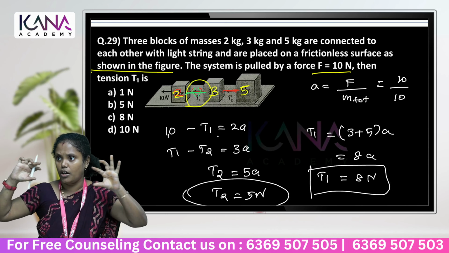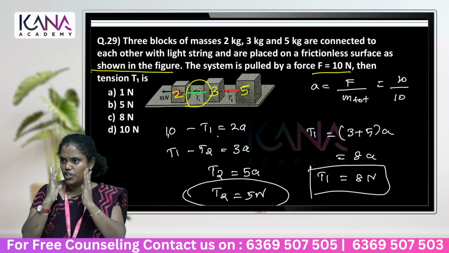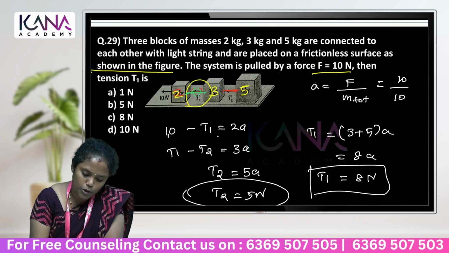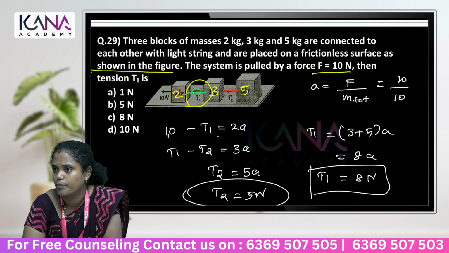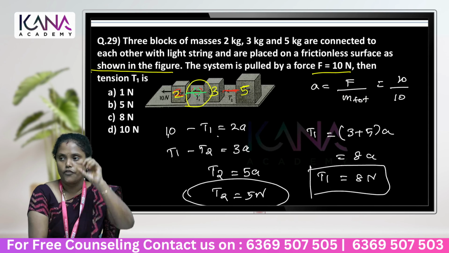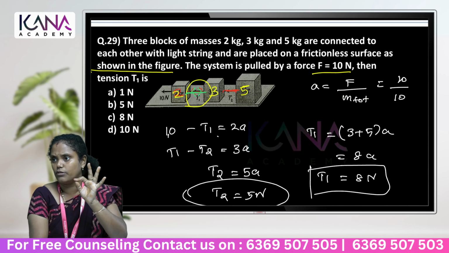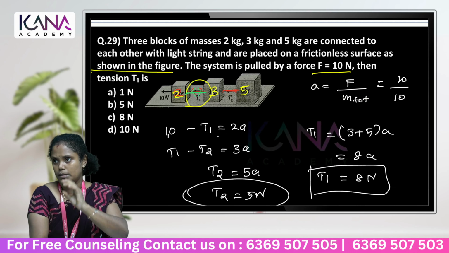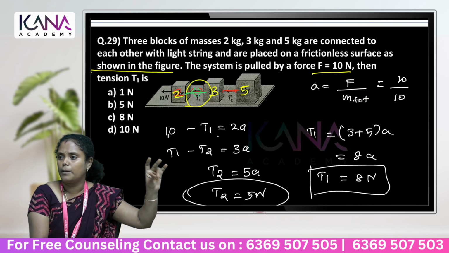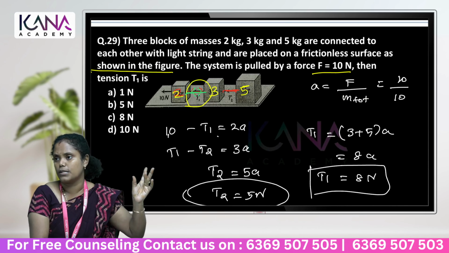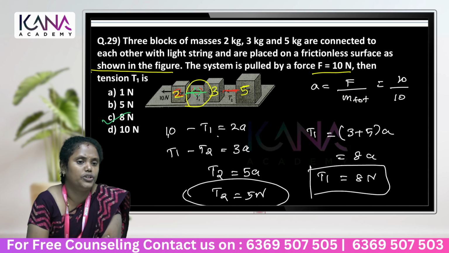Tension வெளியே exert ஆகும். ஒரே ஸ்ட்ரிங்ல டென்ஷன் சேமா தான் இருக்கும். அப்போ first blockக்கு இந்த டைரக்ஷனும் second blockக்கு இந்த டைரக்ஷனும் எடுத்துக்கணும். Direction of external force positive அப்படிங்கும்போது 10 minus T1 is equal to 2a. Second block எடுக்கும்போது T1 minus T2, direction of application of external force எதெல்லாம் இருக்கோ அதெல்லாம் positive. Okay, so it is 8 Newton.